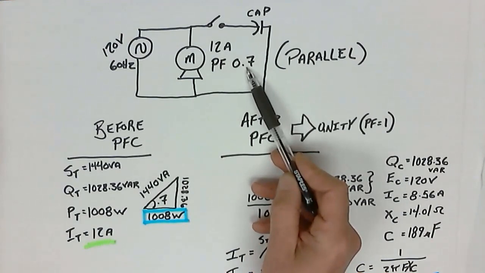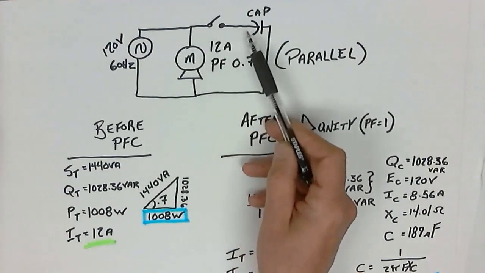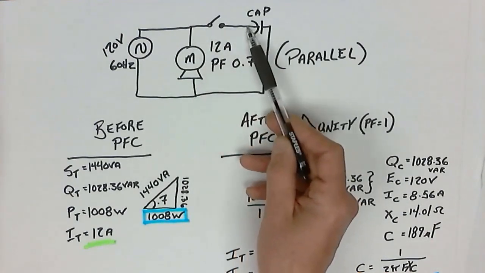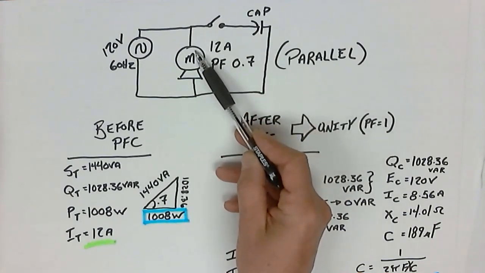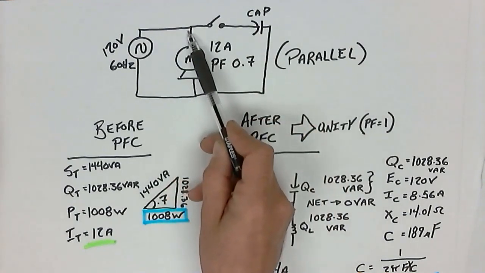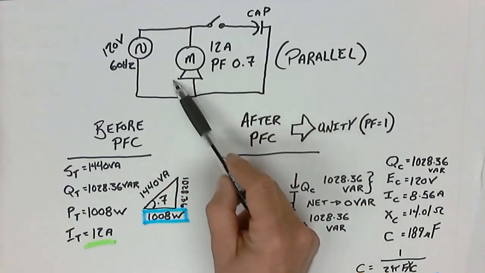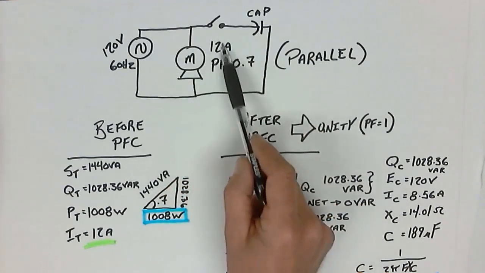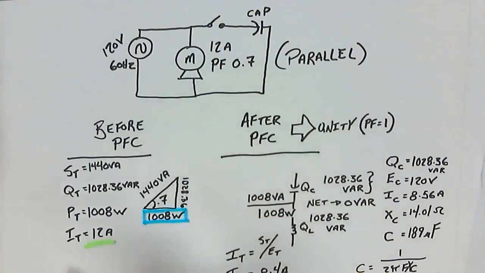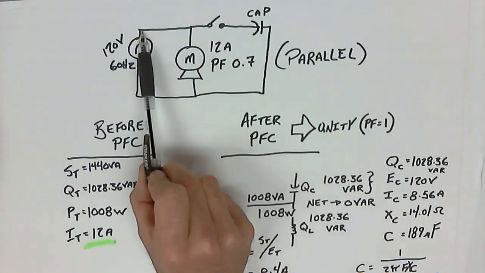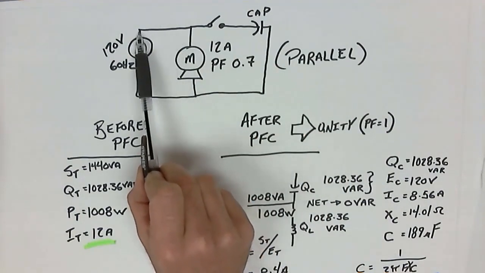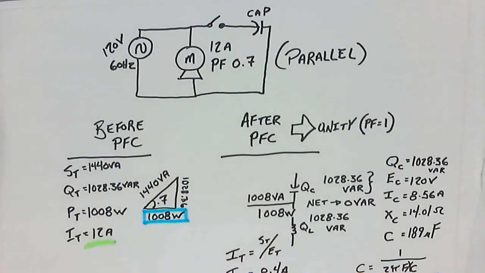The only thing that changes is where the motor is receiving the out-of-phase VARs. It receives it from this side instead of currently receiving it from this side. So remember, power factor correcting has no effect whatsoever on the item that we are correcting. The only difference it has is on the current value right here, the total current.